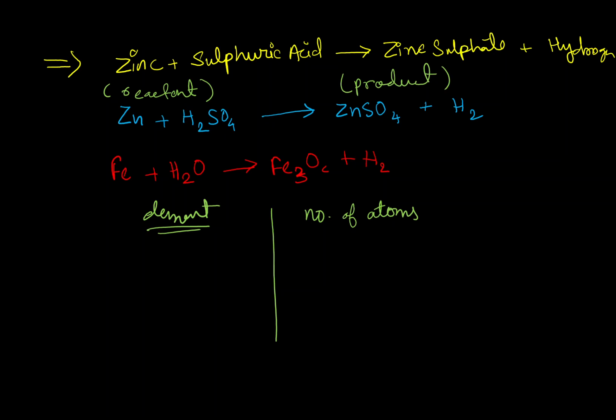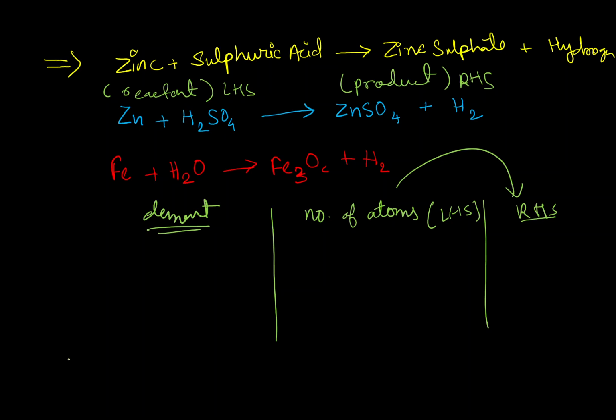Usually they are known as LHS and RHS because it's on the right hand side and that's on the left hand side. Number of atoms in LHS and number of atoms in RHS.